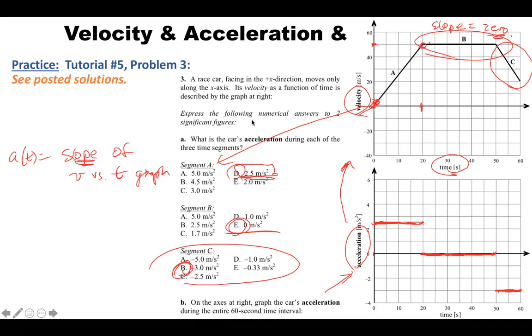And again, I'm not concerned with how you may or may not choose to connect these vertically. And like I said in a previous lecture, it's not physically possible for a car's acceleration to instantaneously change from positive 2.5 to 0 or from 0 to -3. In real life, there would have to be a curved transition here and a curved transition there.